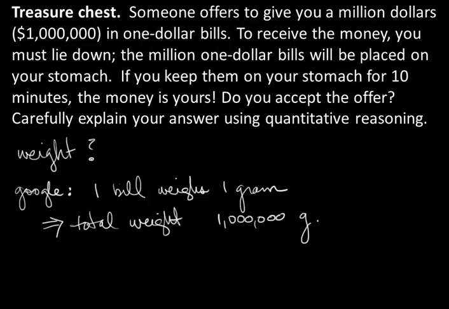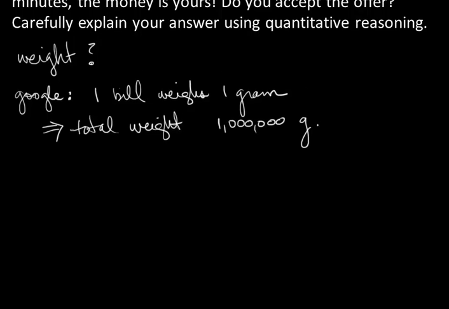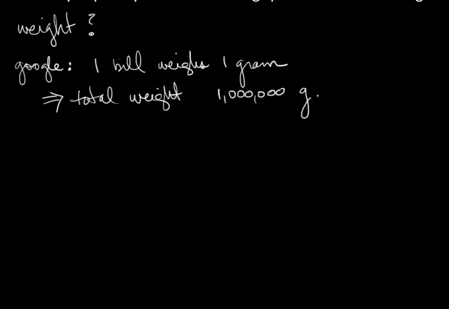Well, being from the United States, we don't really weigh things in the metric system, so we don't know what 1 million grams is. So we would need to convert that to pounds in order for it to make sense to us. So I did that. If you Google, you'll find that 454 grams is equal to 1 pound.